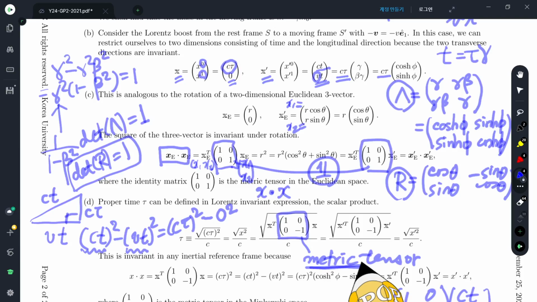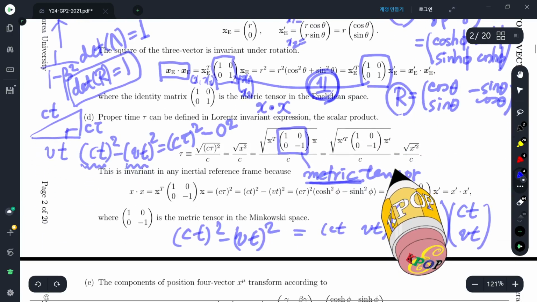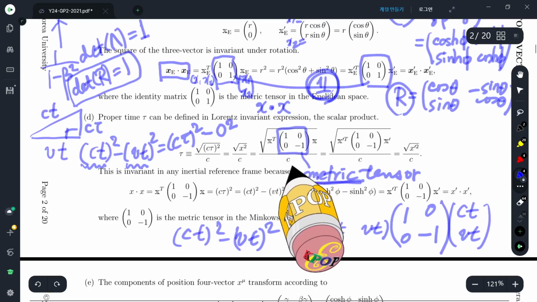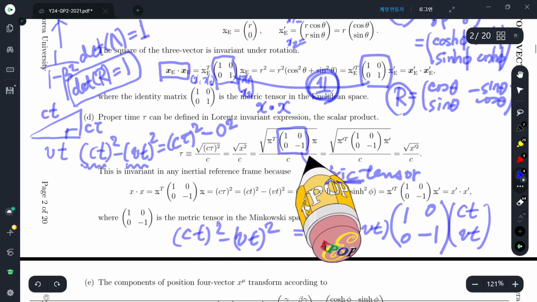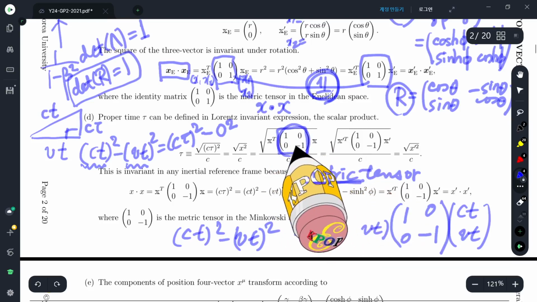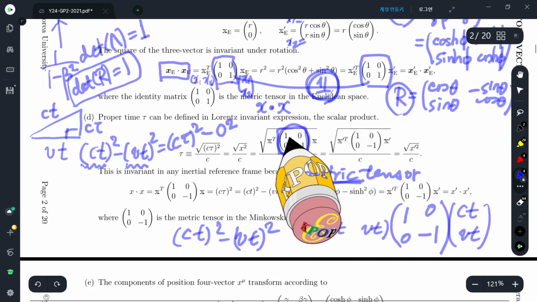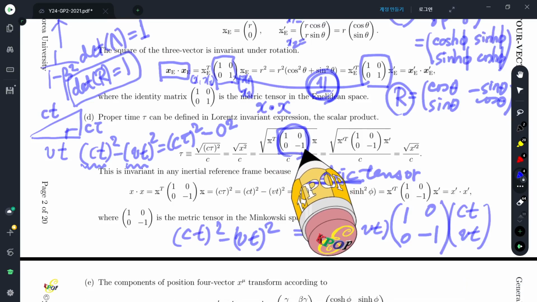When we want to define the distance, we need a scalar product. The definition of the scalar product in the Euclidean space requires the identity metric tensor, and the definition of the scalar product in the Minkowski space requires the metric tensor of this kind of form. The time component is a positive +1, and all the spatial components become -1.